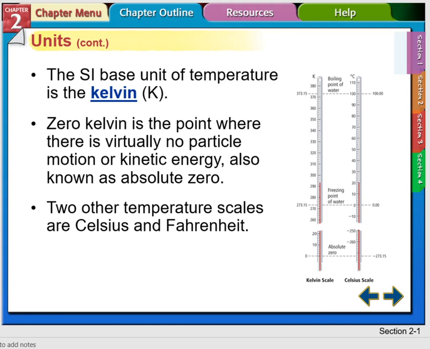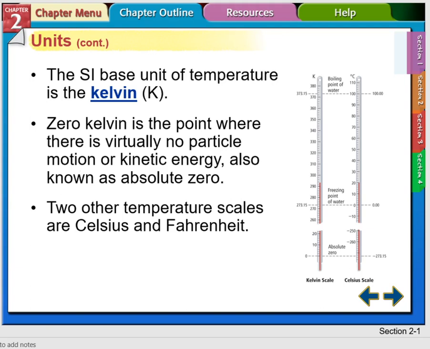Kelvin, though, they shifted that entire scale down so that basically 1 degree C is 1 Kelvin, the size of it anyways. But the scale starts at 0 for Kelvin and never goes into negatives. Centigrade or Celsius scales can go into negatives.